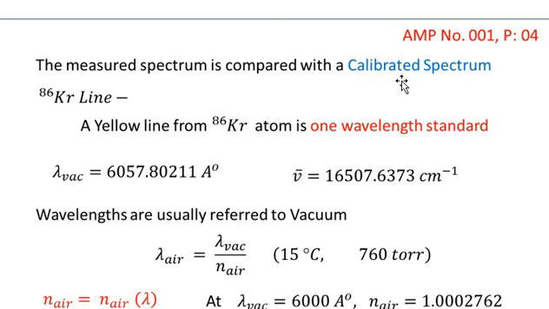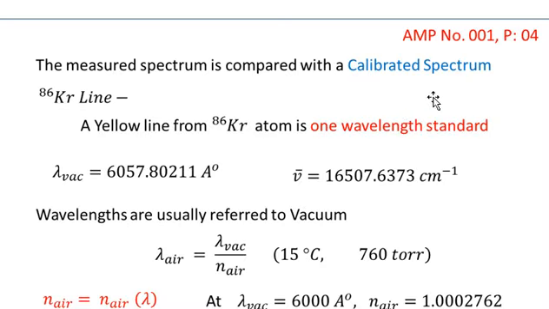So the calibration of the instrument is required. Once the instrument is calibrated, we know the position of different wavelengths in our instrument due to the reference wavelength, and then any unknown wavelength which enters our spectrometer can be recorded and marked.